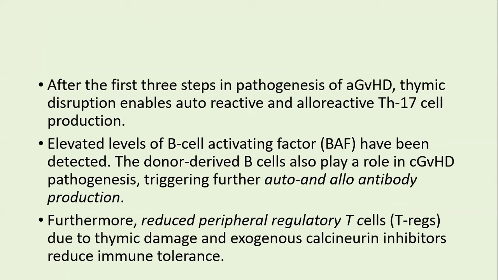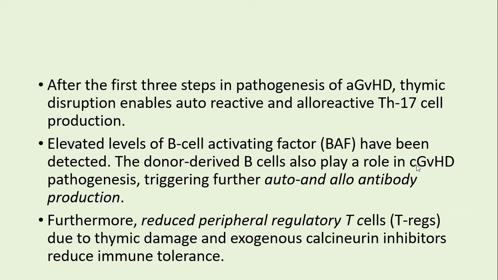Elevated levels of B cell activation factor, BAFF, have been detected, and the donor-derived B cells play a role in GVHD pathogenesis, triggering further auto and allo antibody production. Furthermore, reduced peripheral regulatory T cells due to thymic dysregulation and exogenous calcineurin inhibitors reduce the immune tolerance.